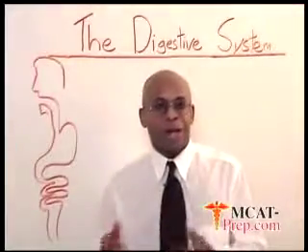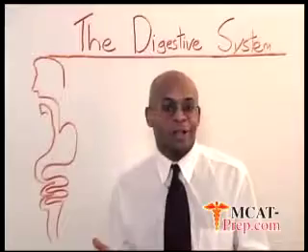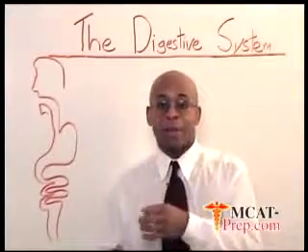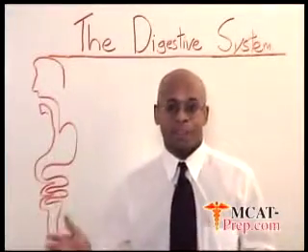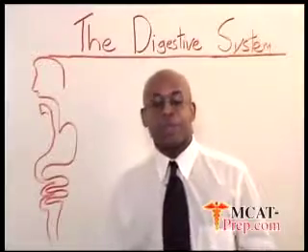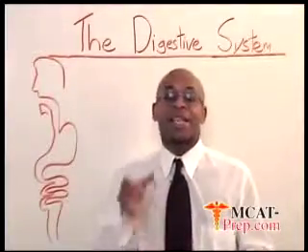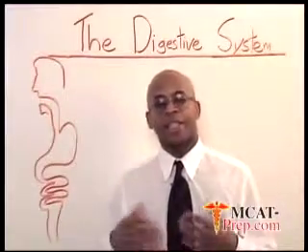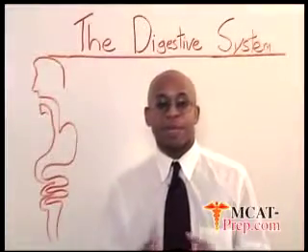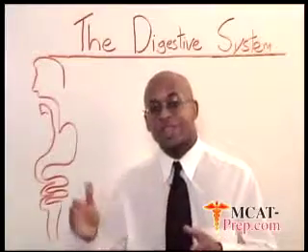Now, the small bowel or small intestine is called small because its diameter is small, but it's the longest part of the alimentary canal. The colon is called the large intestine because it has the widest portion in the alimentary canal. The colon is divided into different segments.